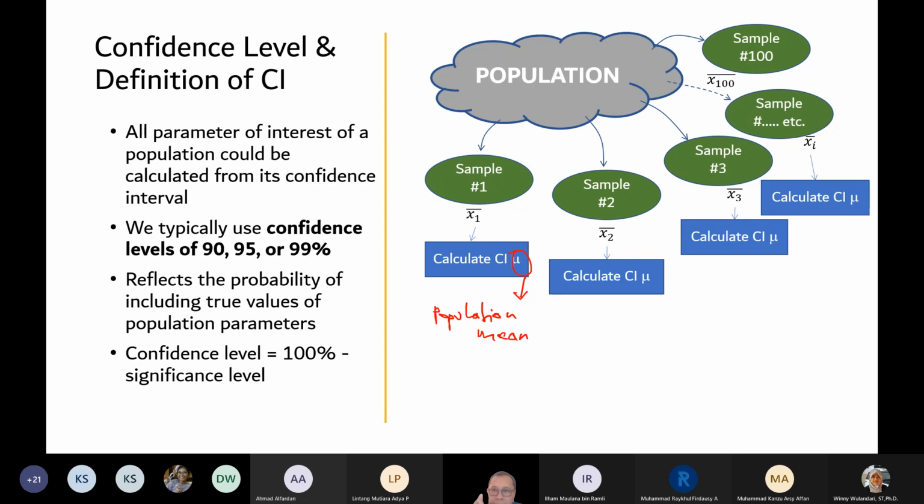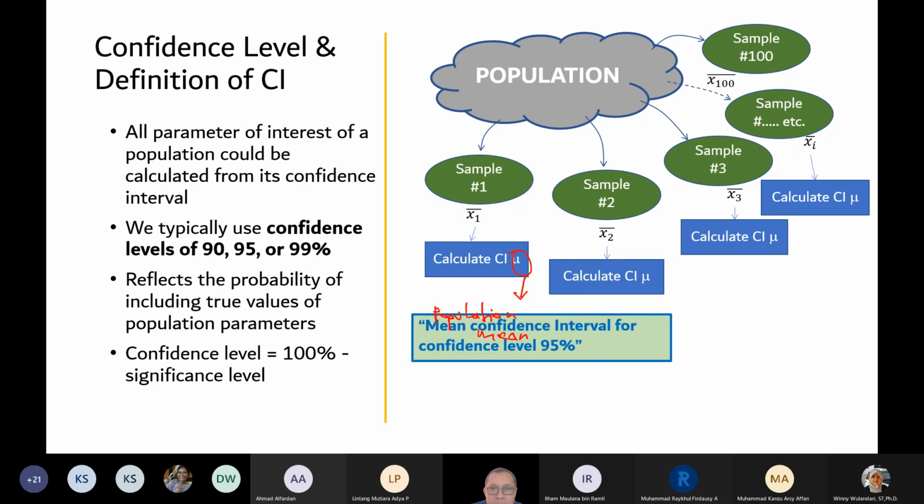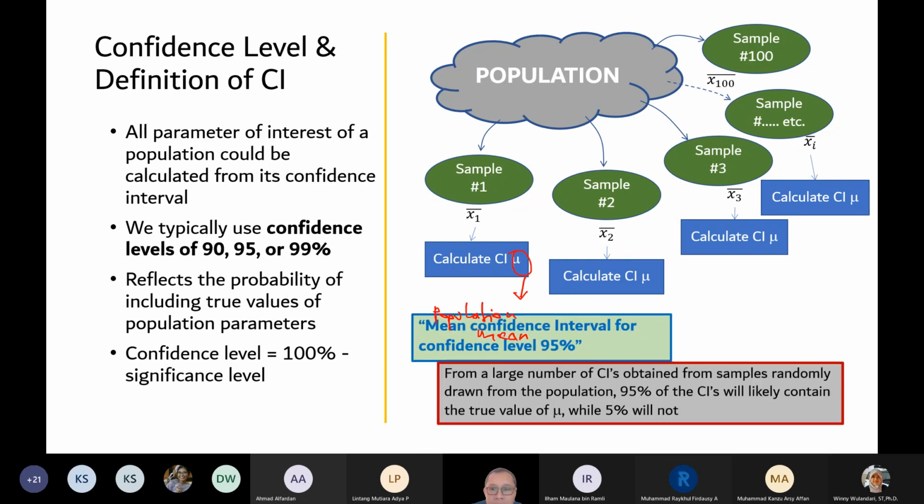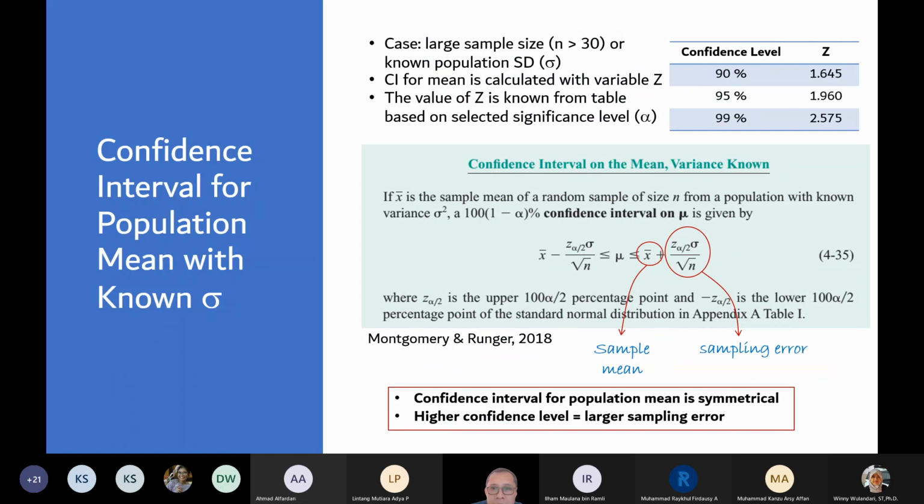So let me give you one example. Hold on a second, I need to move to the next page. So this is an example of how to calculate confidence interval of mu based on x bar.